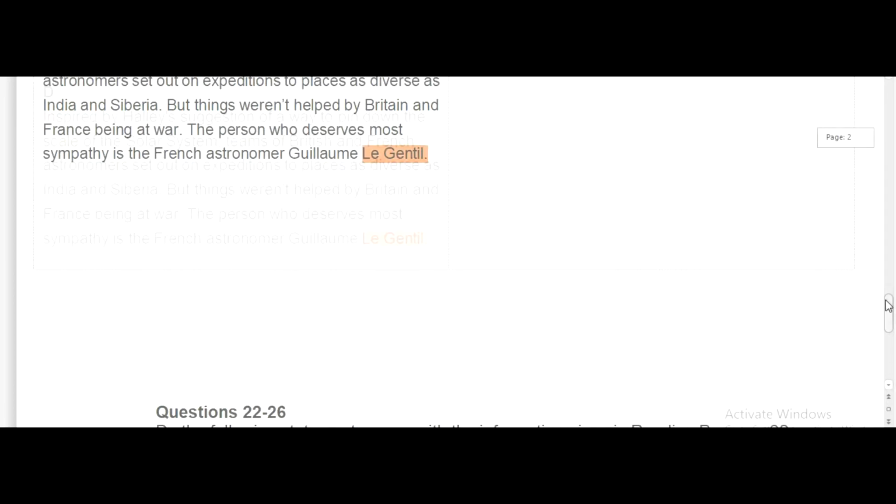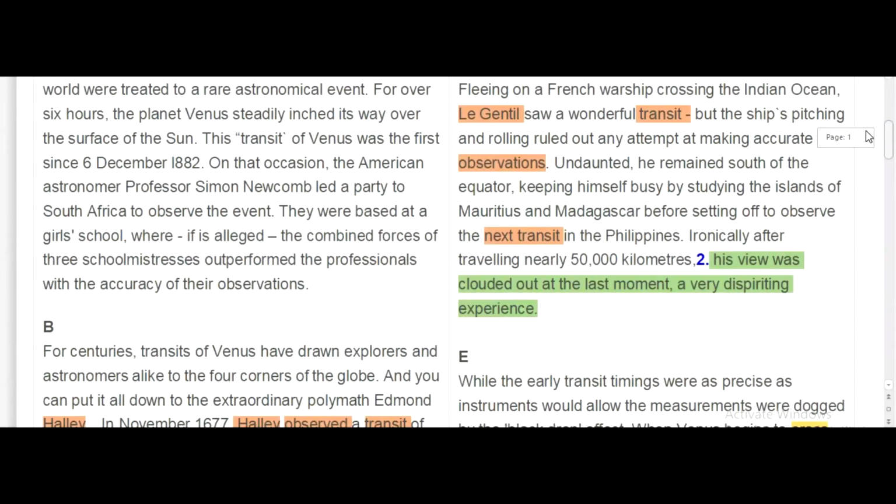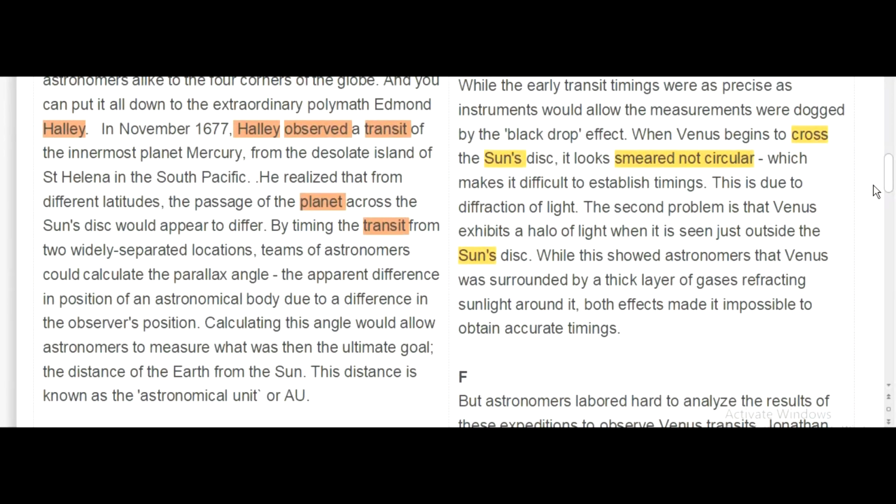Okay, now I'm going to start from here. When Venus began to cross the sun's disk, it looks smeared, not circular. Okay, so here is our matching sentence.